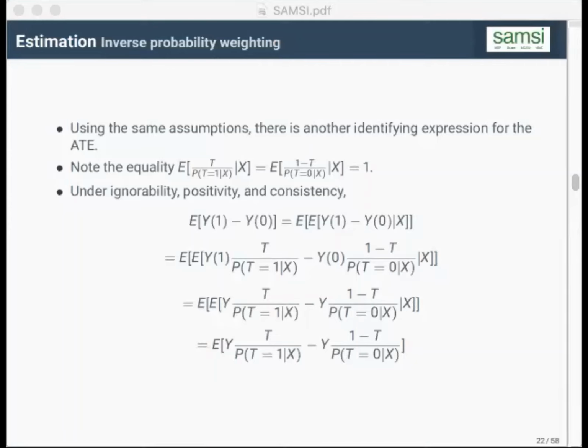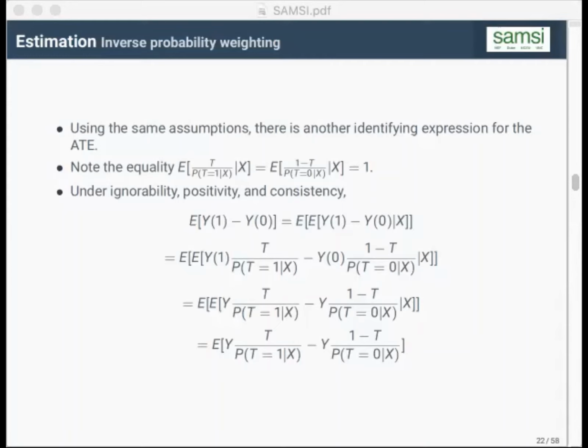There's another alternative way to estimate the ATE, and actually it's based on an alternative way to identify the ATE. And it turns out that using those same assumptions of ignorability, positivity, and SUTVA, there is another identifying expression for the ATE.